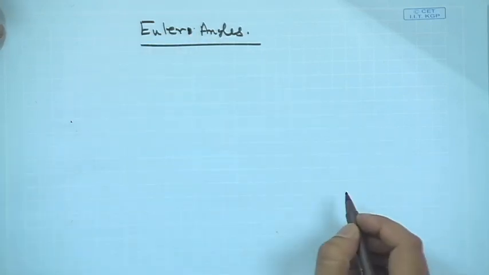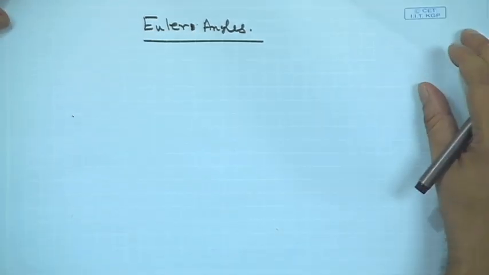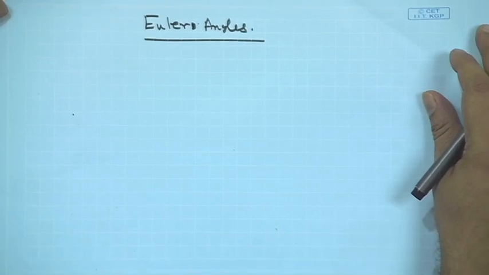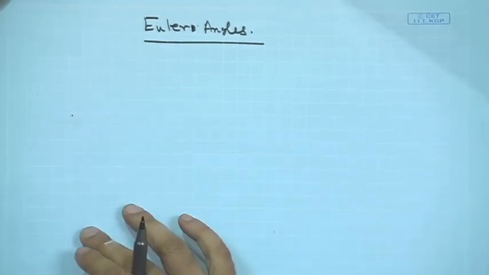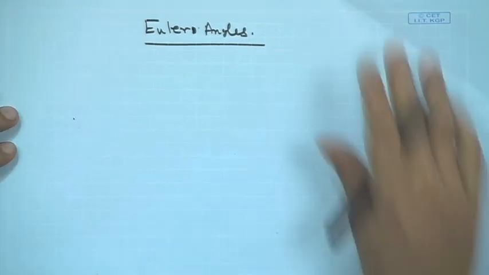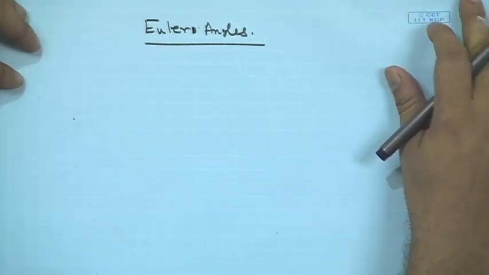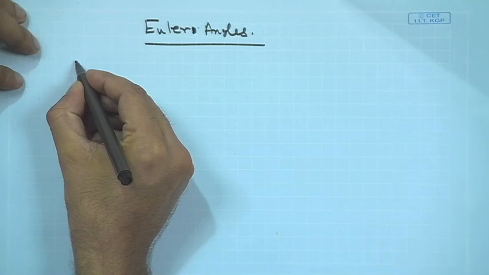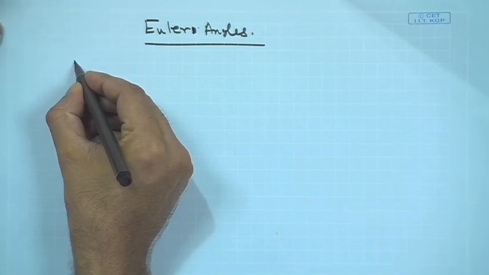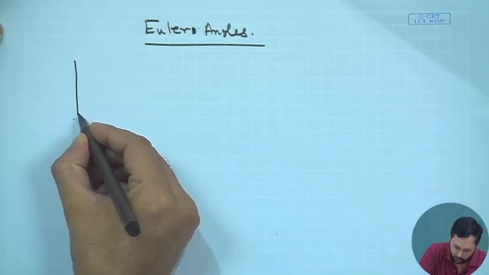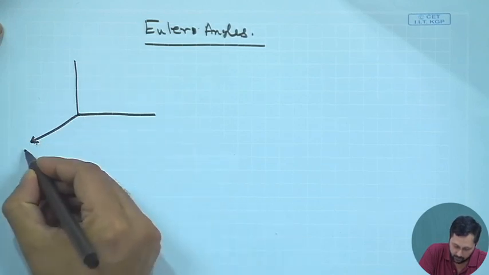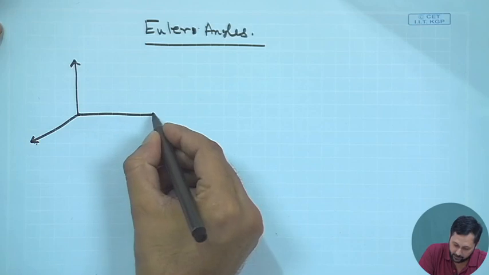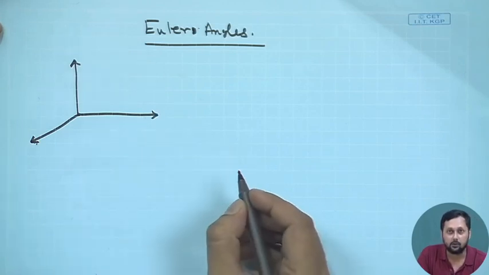Now, there are many alternative definitions available for Euler angles. We will stick to one particular definition. Let us describe what these Euler angles are. Let us assume that at time t equal to 0, before we have any kind of rotational motion, we have 2 sets of axes coinciding with each other.